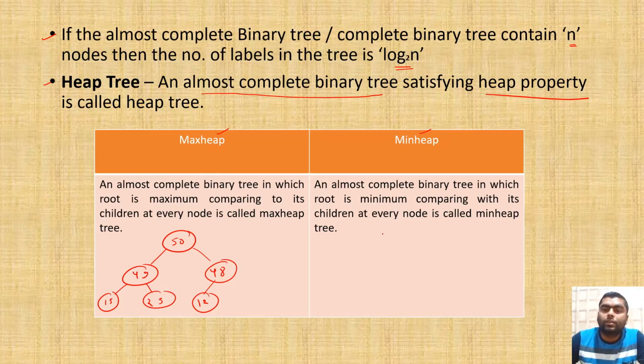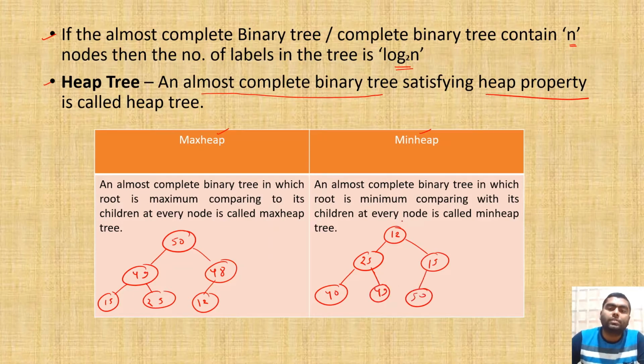Let us take as an example 12 over here, and this is, let us suppose, 25 and 15, and 40, and this is 49 and, let us suppose, 50. So this is a min heap. Why is it a min heap? Because the root is minimum as compared to its children at each and every node.